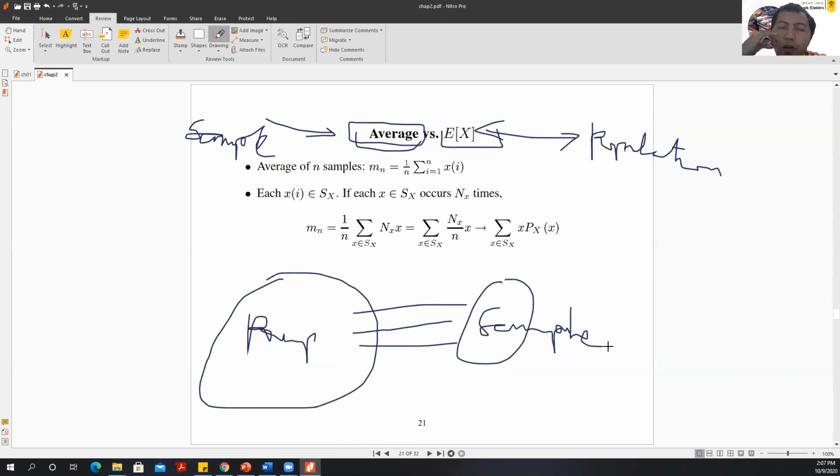For example, if we want to know the average salary, or the gross domestic product, of each person in Indonesia, the population is all Indonesian citizens.